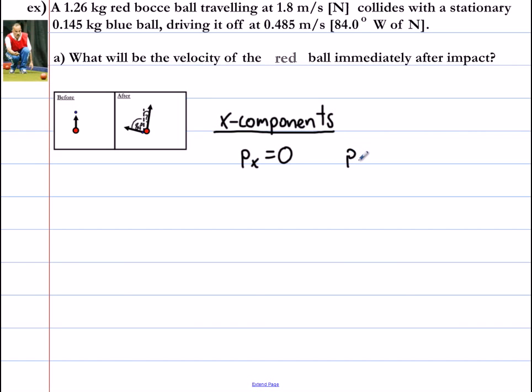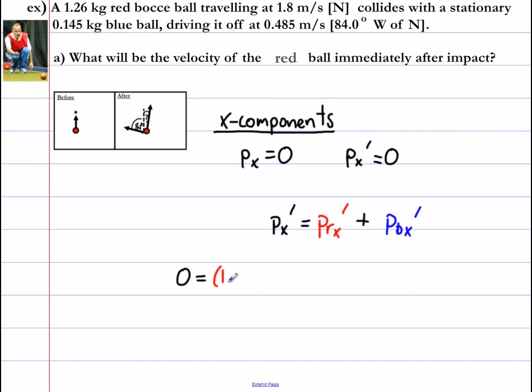Left and right there's no movement in that direction, so it's 0. And the final x momentum is also 0 because momentum is conserved in the collision. So the final momentum is equal to the momentum of the red ball in the x direction plus the momentum of the blue ball in the x direction in the final. After the collision, that's what the primes are.